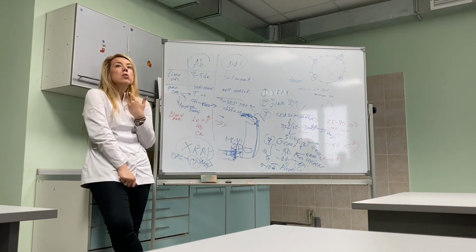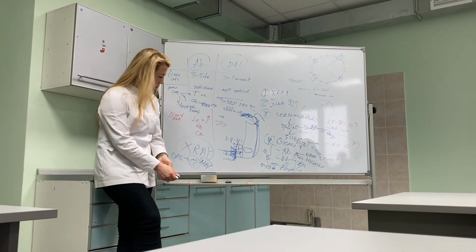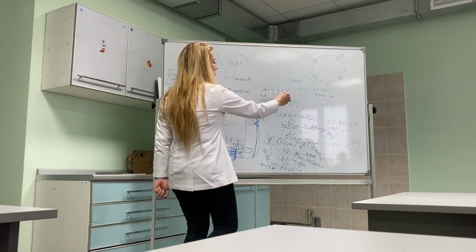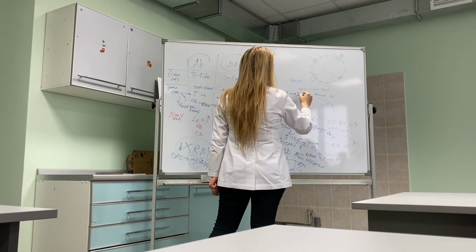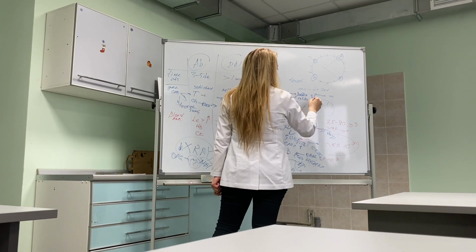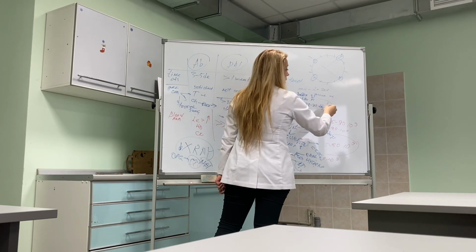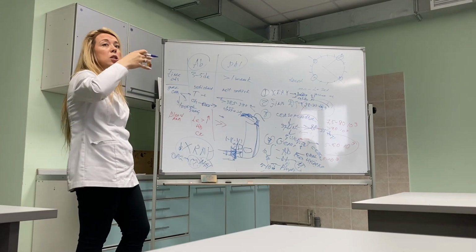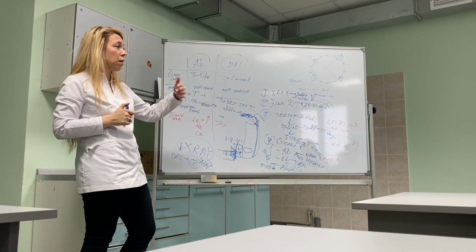How to control in which period we can take away the splint? By X-ray follow-up. We take an X-ray before splinting, immediately after splinting, and some days after splinting, because it's the control point to understand if we are finished or we need something else, or we need to prolong the splinting for 2 weeks.